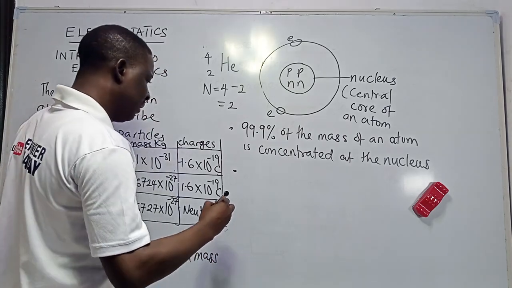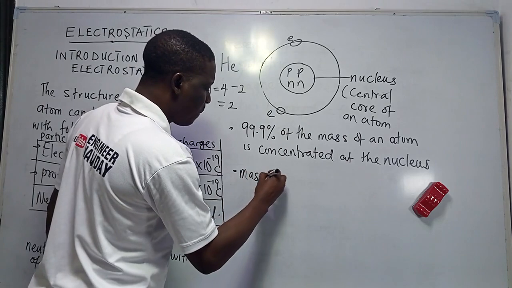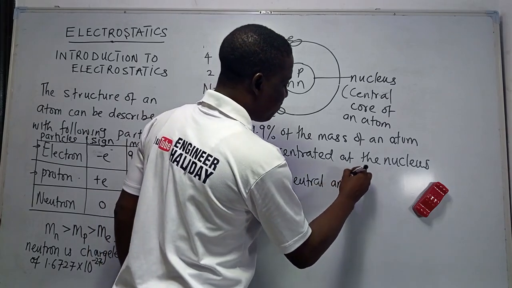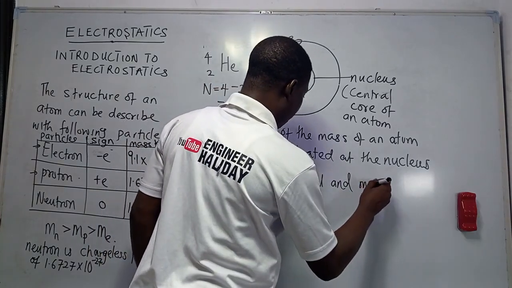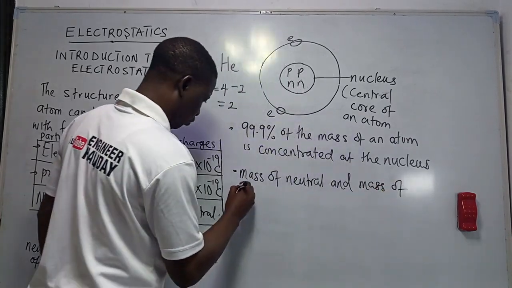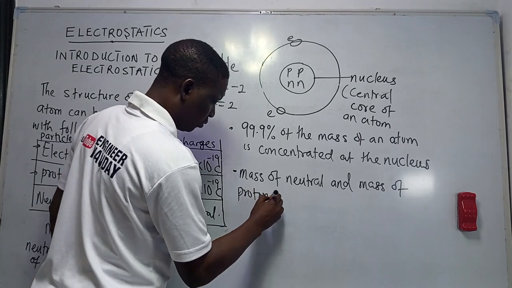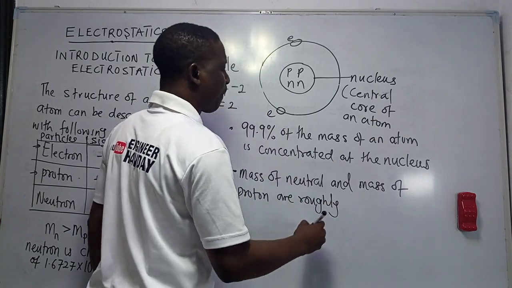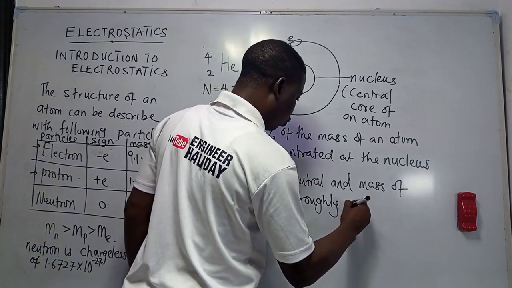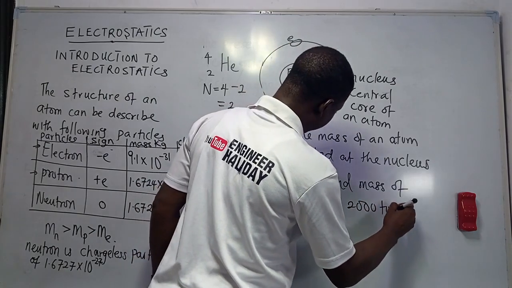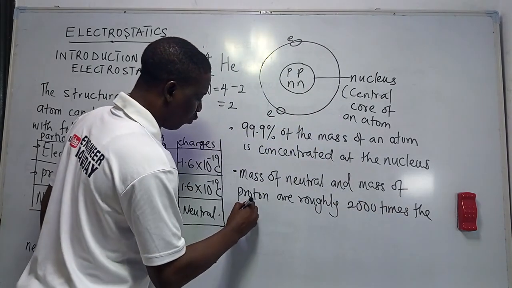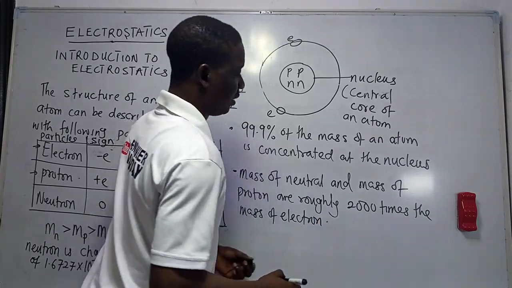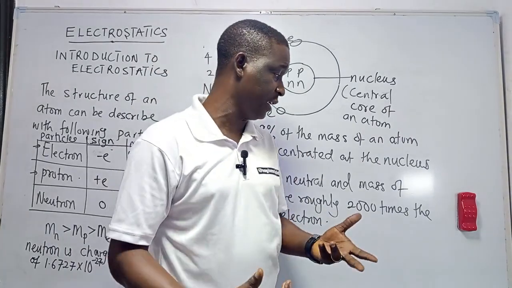If you check the mass of neutron, you can work with your calculator, and the mass of proton, they are roughly or approximately 2,000 times the mass of electron. You can do that with your calculator as you are watching me now.